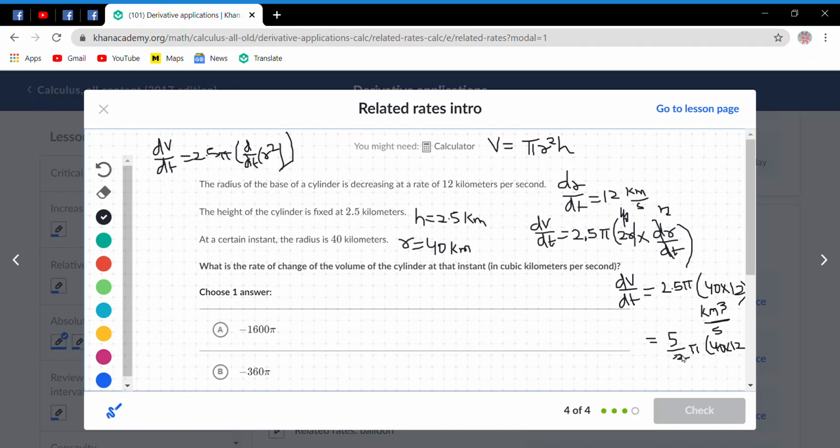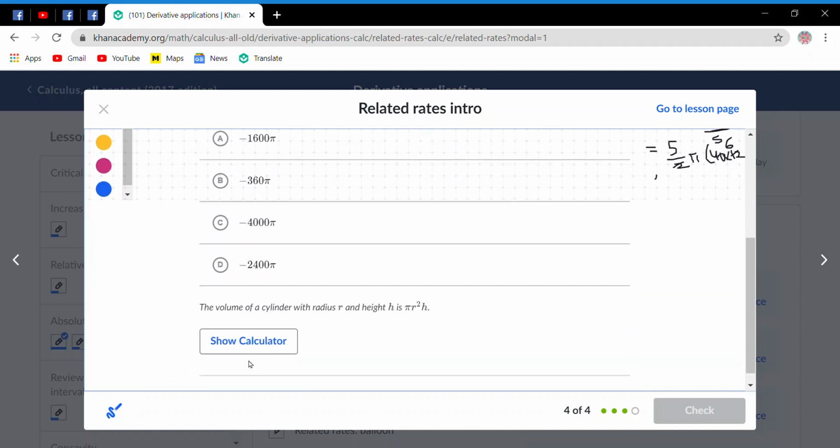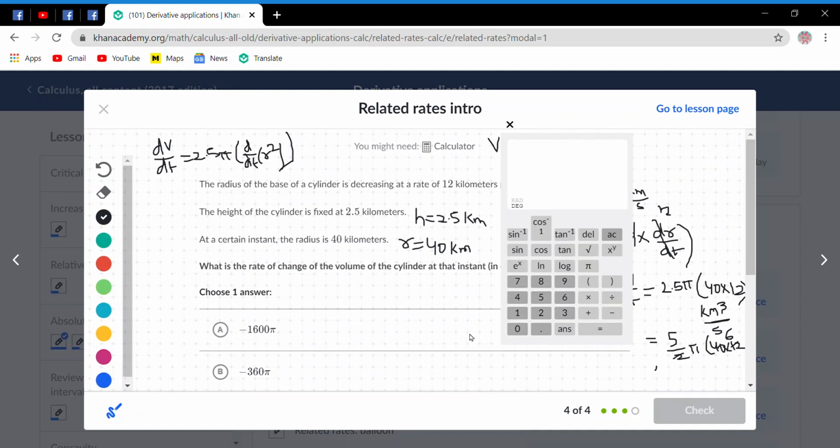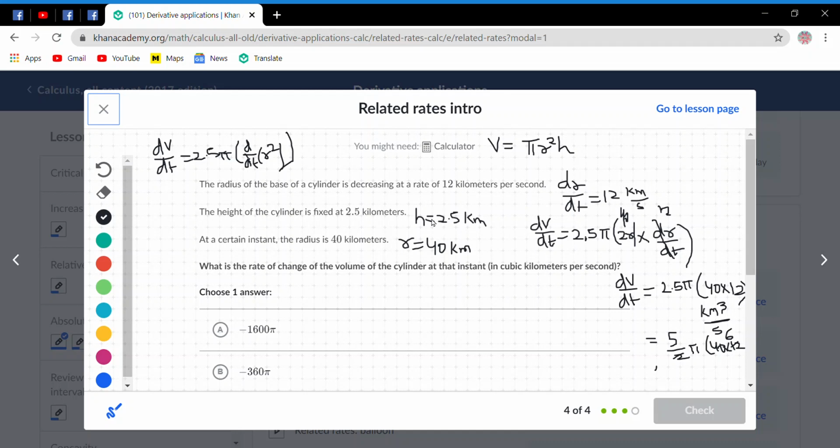Let's cancel out with this, and cancel out with this. This becomes 6. 40 times 6 is 240. 240 times 5 is equal to 1200.